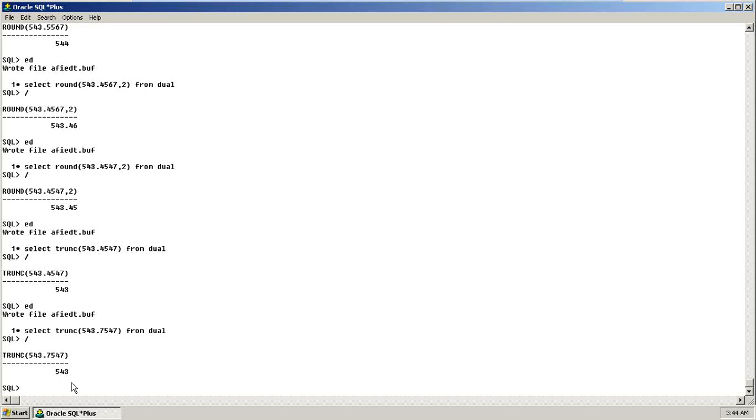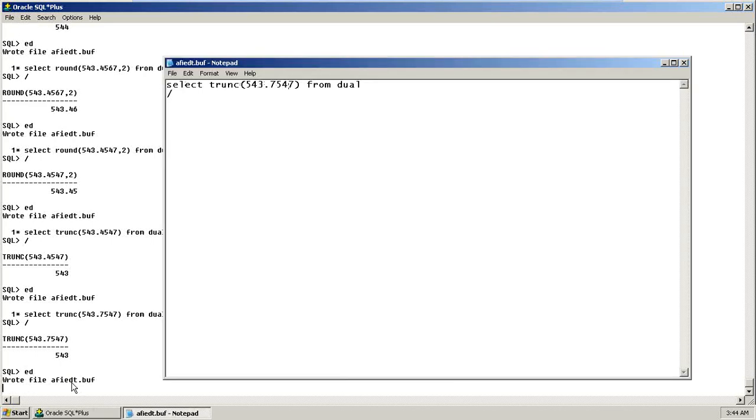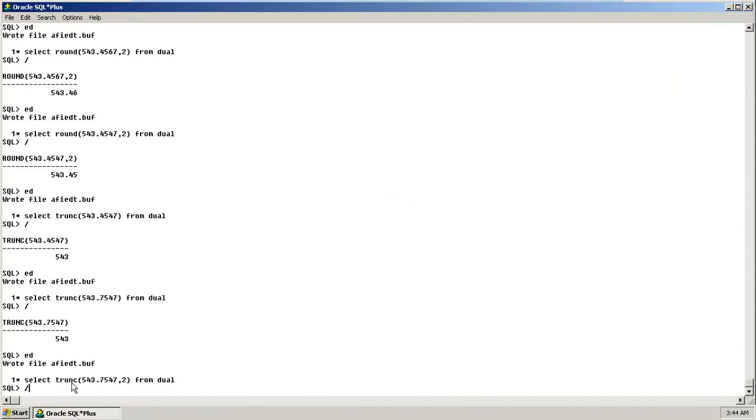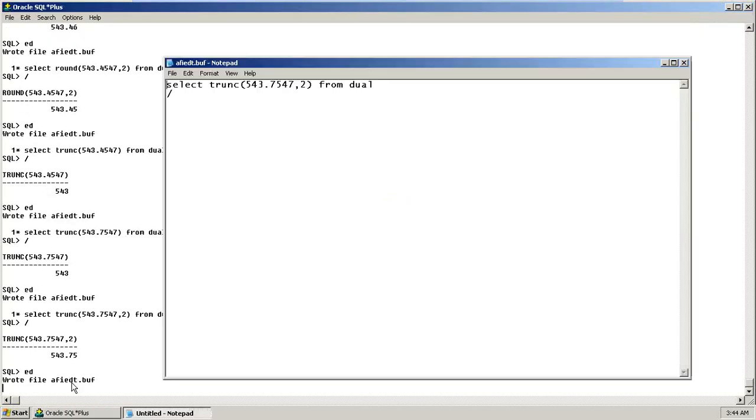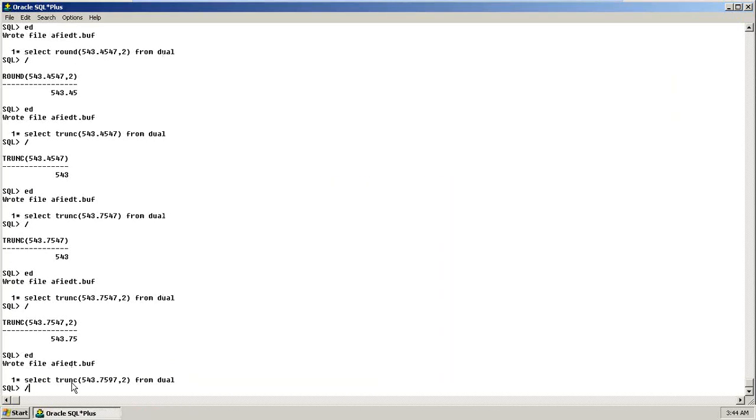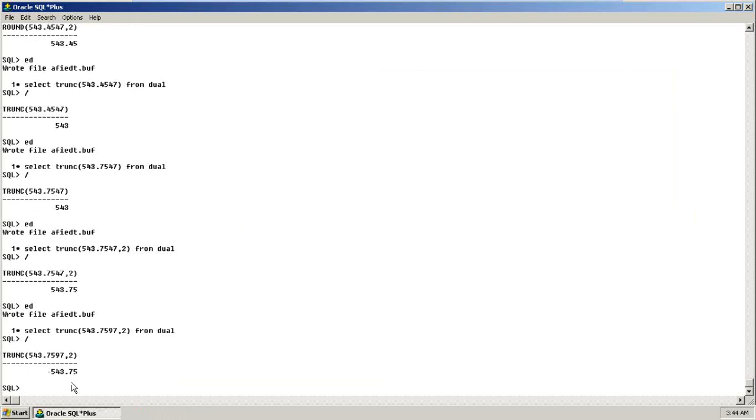Suppose you want to truncate to 2 decimal digits: 7547 gives 75 only, and 7597 also gives 75 only. That is the difference between the round function and the trunc function.